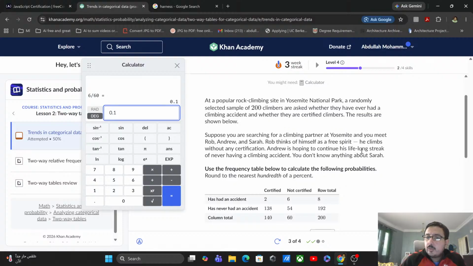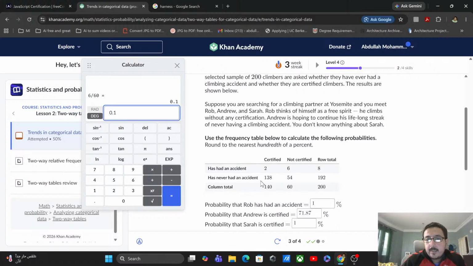Andrew is hoping to continue his lifelong streak of never having a climbing accident. So he has never had a climbing accident. Probability is certified 138 out of 192.